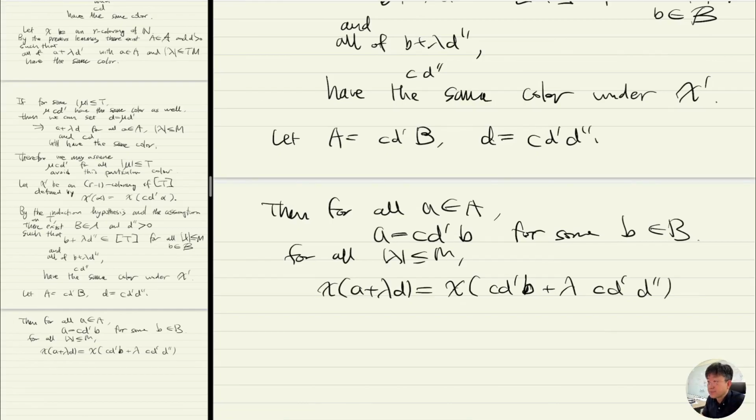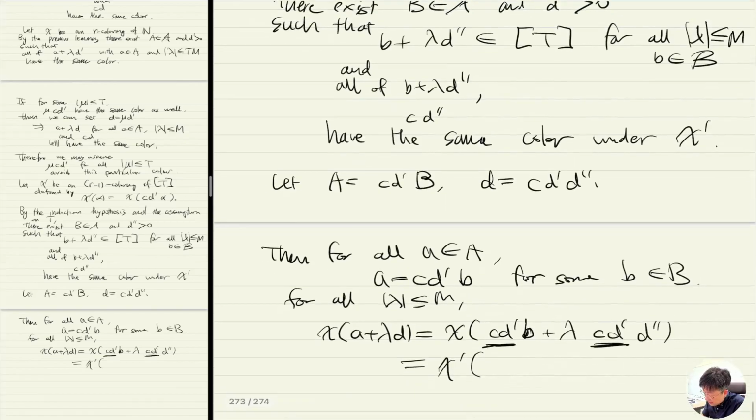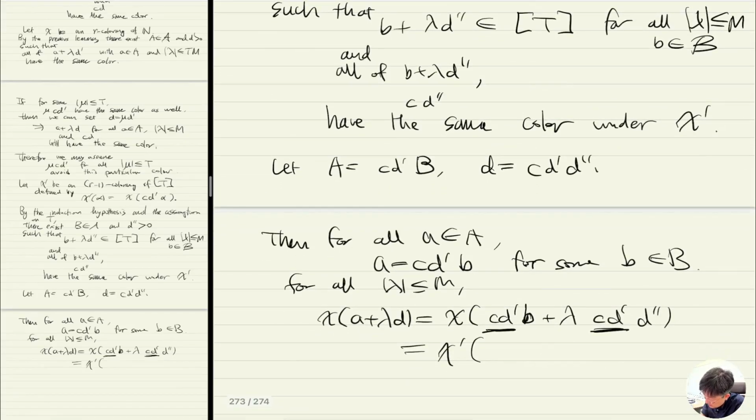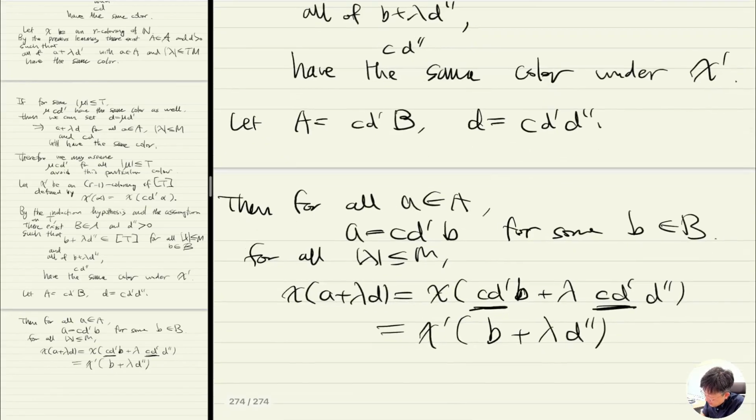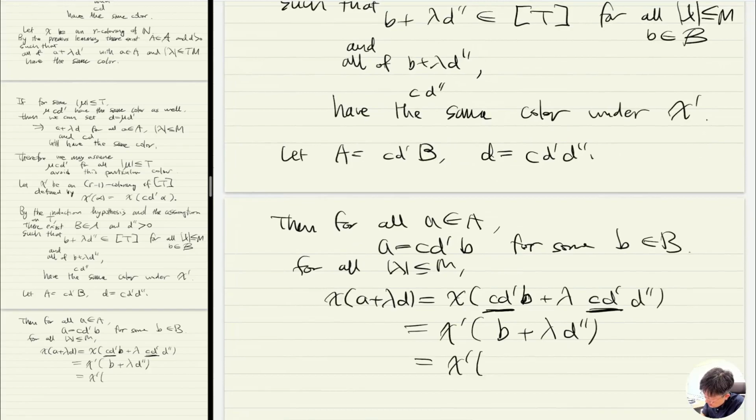The common factor cD prime we ignore, and then you have chi prime of B plus lambda D double prime, and by the induction hypothesis, this is equal to chi prime of B.